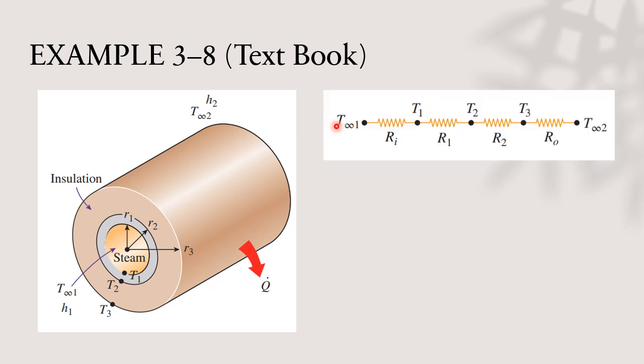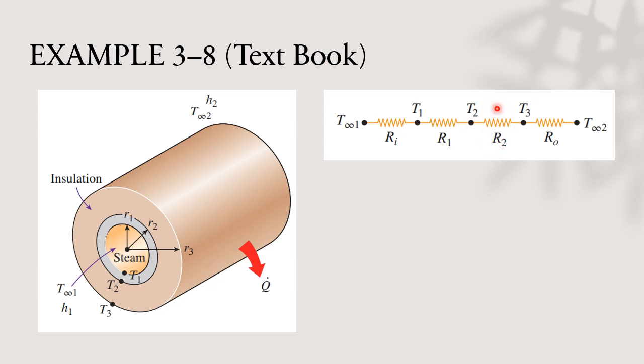Okay, so first of all, we can draw a thermal resistance network for this case, which starts with the temperature of the ambient inside the pipe, and then we have a resistance, which is convection resistance, to T1. T1 is the inner surface of the pipe, and another resistance, which is conduction resistance inside the pipe, to T2, the outer surface of the pipe.